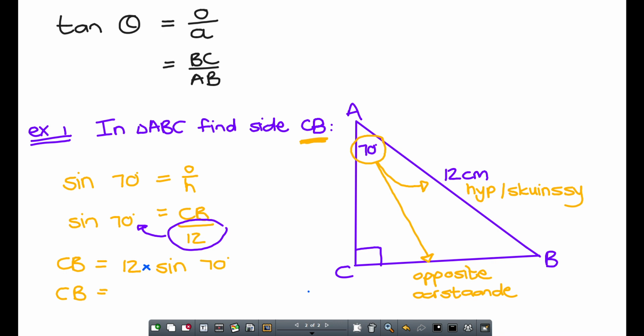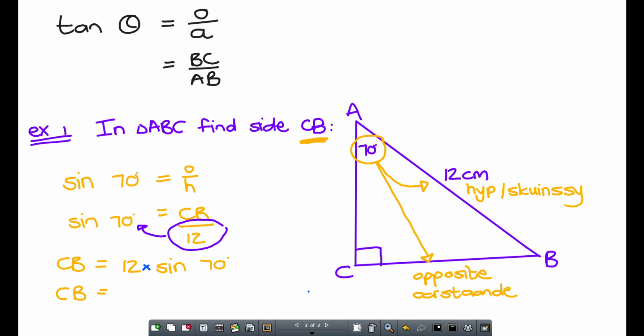Okay, so if you were to put in 12, en dan kyk gou hier vir my reg in die middel, staan daar sin, cos, tan. Do you guys see that? Okay, so press 12, and then sine, you do not have to put the multiplication sign, and then 70. It automatically, my calculator does it puts a bracket there, nee? So maak dit weer toe jou hakkie, en dan is gelyk aan.